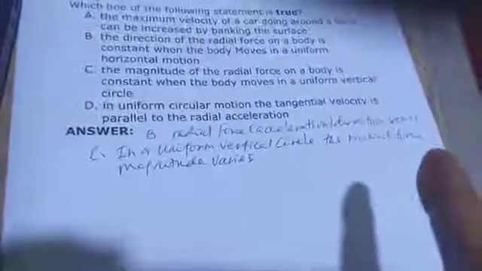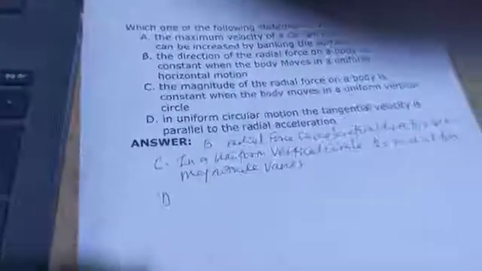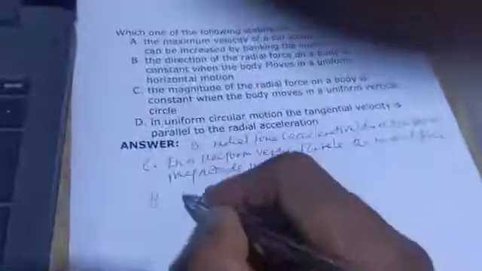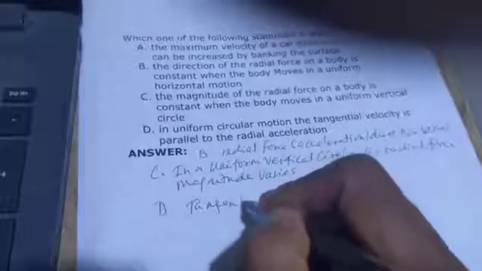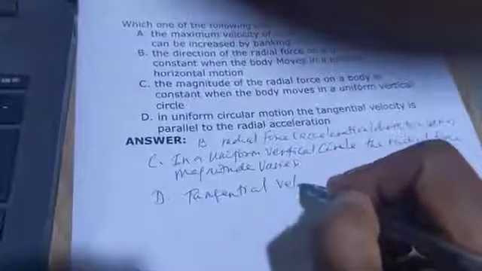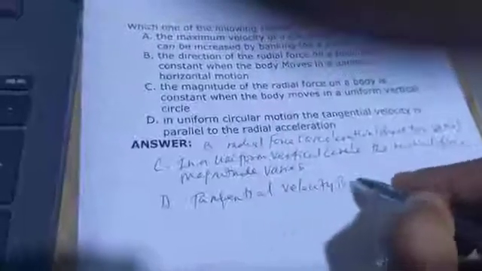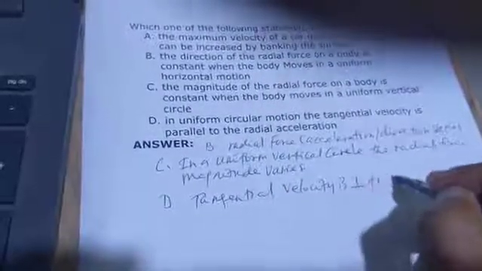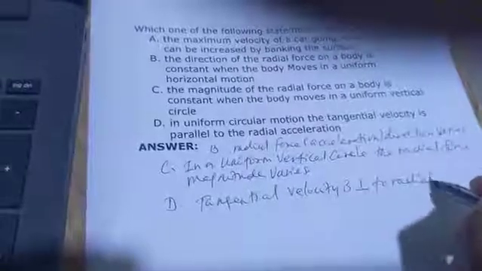Not only the radial force, also the radial acceleration and the tangential velocity vary. D, in a uniform circular motion, the tangential velocity is parallel to the radial direction? No, tangential velocity is perpendicular to radial acceleration. When you say radial acceleration, it is centripetal acceleration.